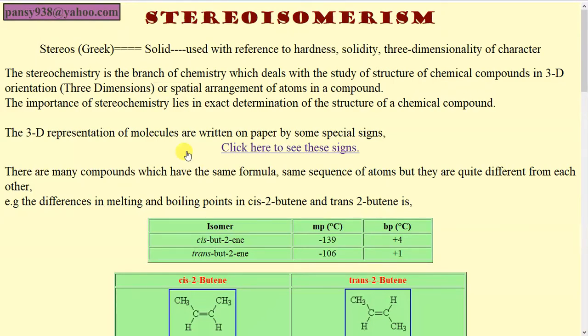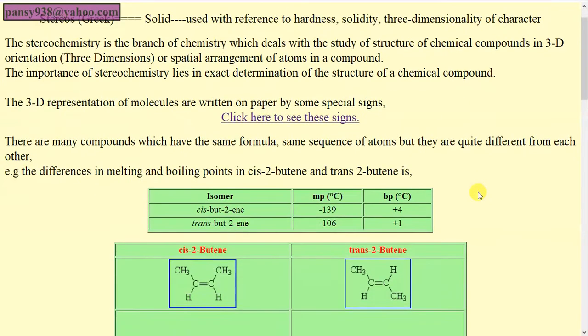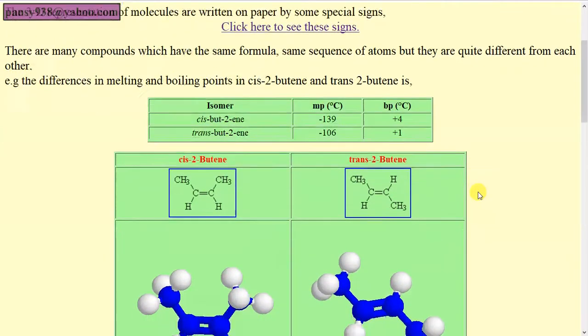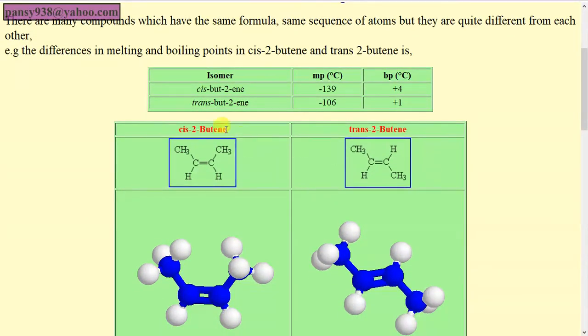There are many compounds which have the same formula and the same sequence of atoms, but they are quite different from each other when we observe them. For example, while examining cis-2-butene and trans-2-butene, we discover that there is a great difference between their characters. Let's discuss the melting point and boiling point of these two compounds.